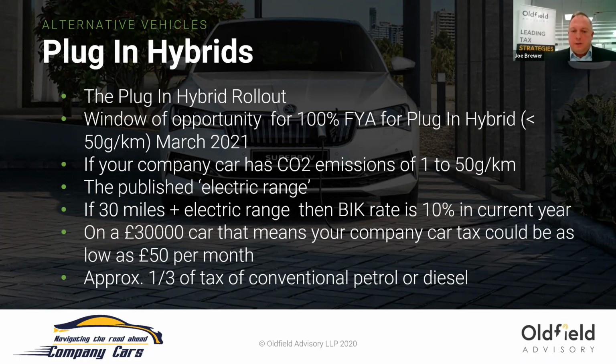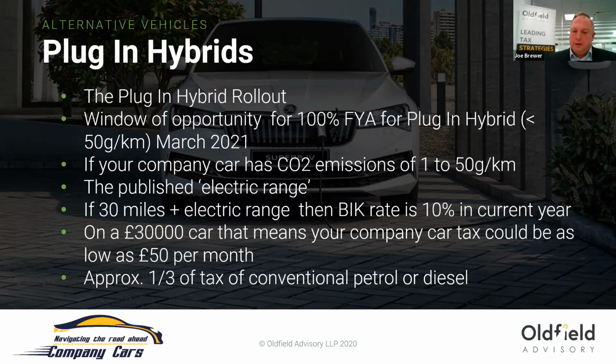On benefit in kind tax, this is quite complex, and you might want to refer to the slides when you get hold of those just to get that right. But if your company car has CO2 emissions of between 1 and 50 grams per kilometre, the value of that car is based on the zero emission mileage figure or the electric range.